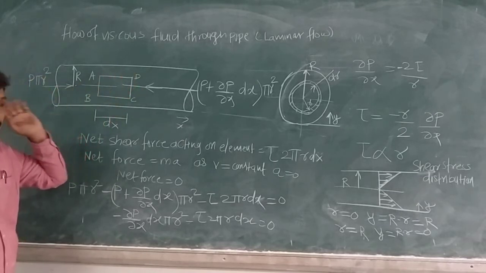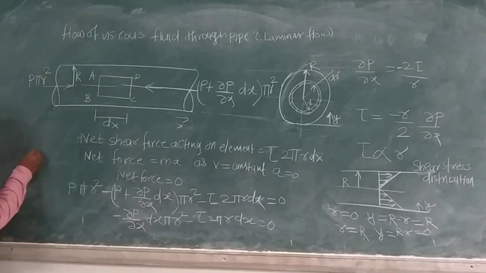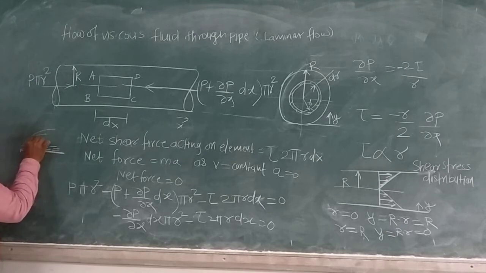In this case, we know about shear stress. Suppose this is the wall over which the fluid is flowing. Because of the resistance to the flow, or the no-slip condition, the fluid near the wall is stationary, and here the fluid is moving with the velocity of the free flow.